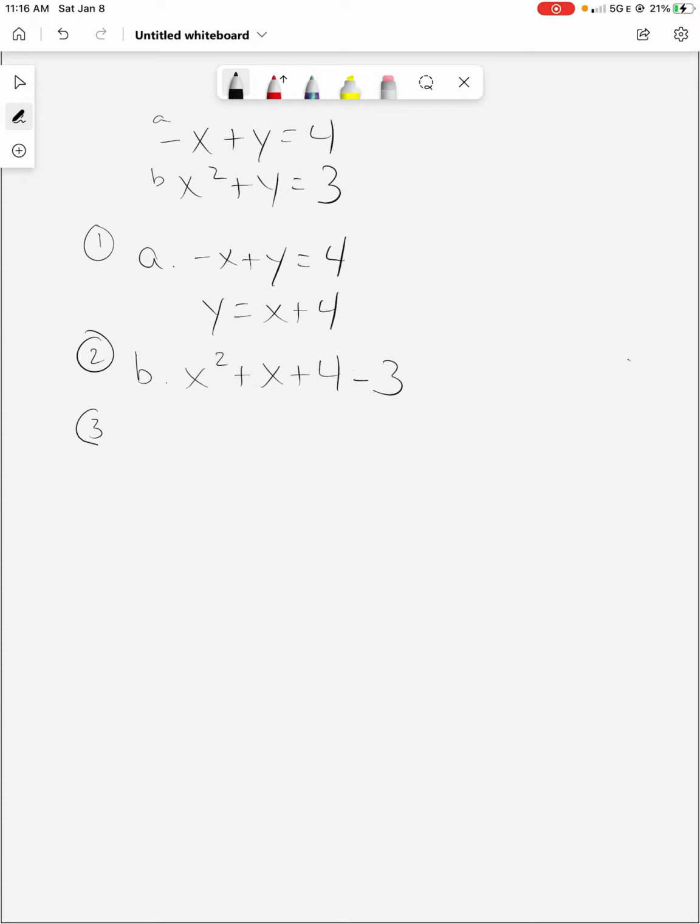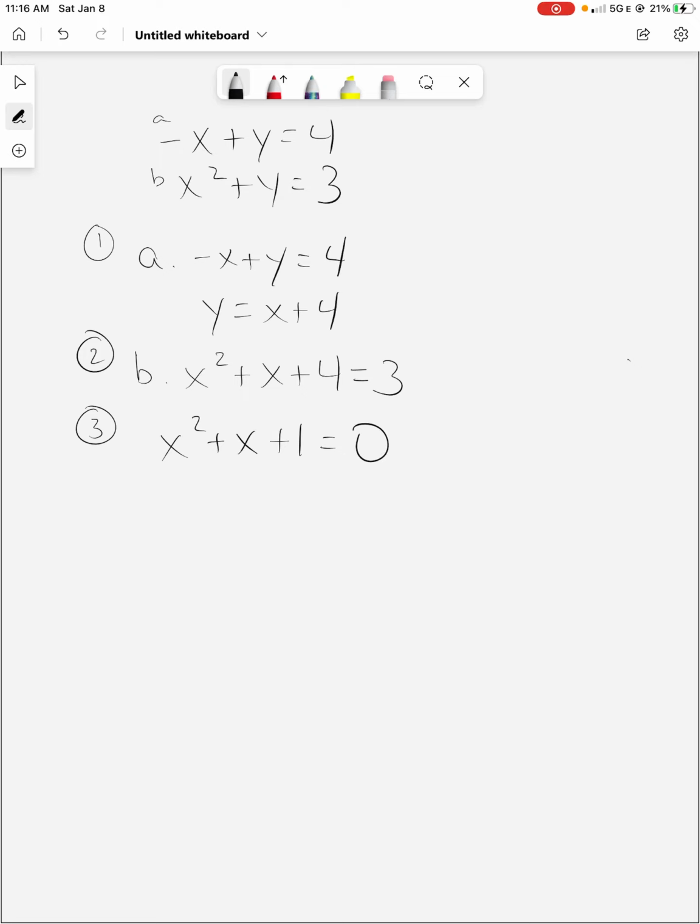Then in the third step, we are going to solve for x, right? So we're going to subtract the 3 from both sides, and we're going to get x squared plus x plus 1 equals 0.